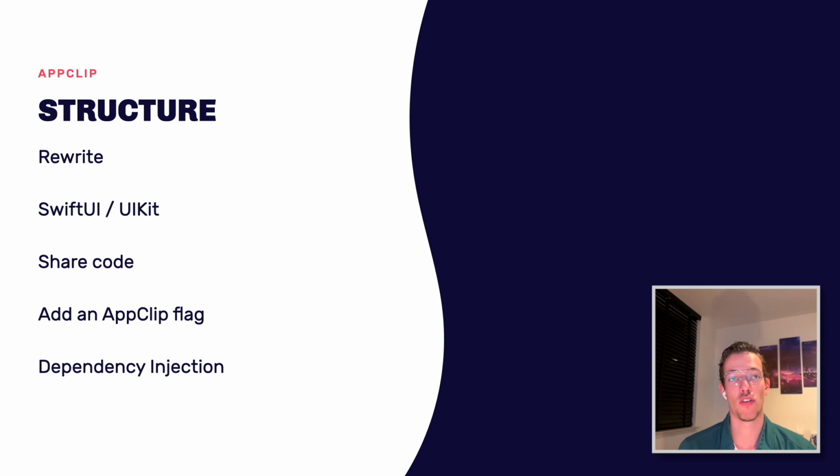I recommend that you add an AppClip flag, like a Swift flag, so you can exclude or include some things that shouldn't be there or should be there. And we've used dependency injection in our app, luckily, and that made it a lot easier to implement an AppClip with different dependencies in it.